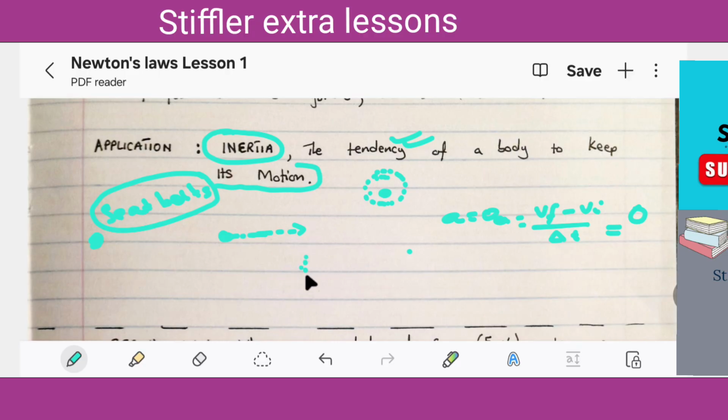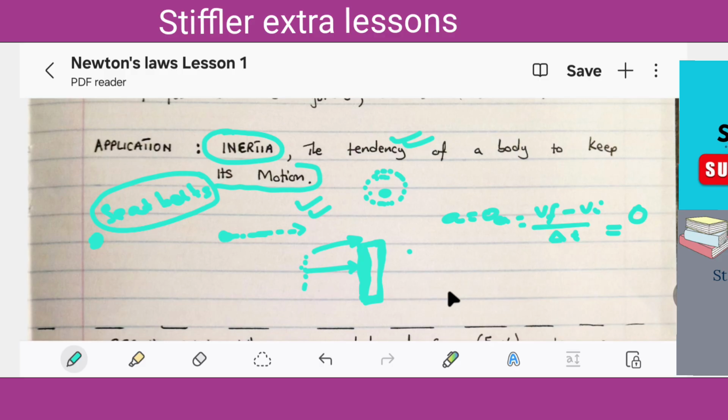So if at any instant the car hits emergency brakes, just because your body has the tendency to keep its motion, you happen to lean forward or go forward. That's why when the car is speeding, you can end up having major injuries, because your body is keeping its motion. This is the tendency of your body to keep its motion. So this is what happens, inertia.